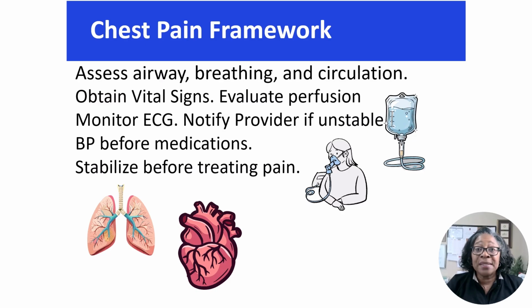Are they warm to touch? You want to see if perfusion is going well in your patient. You want to monitor that ECG and see what the rhythm looks like. And if there's anything unstable, you're going to notify your provider. You always want to make sure that your patient is stable before you medicate, before you treat the pain.